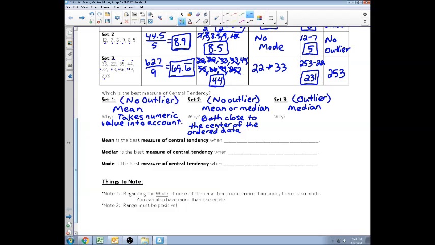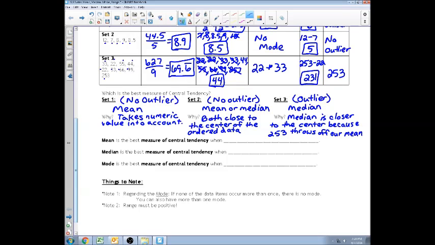So also the median in this case is closer to the center because 253 throws off our mean.